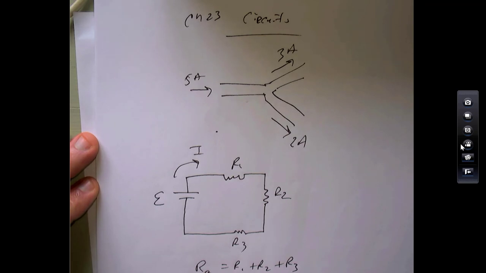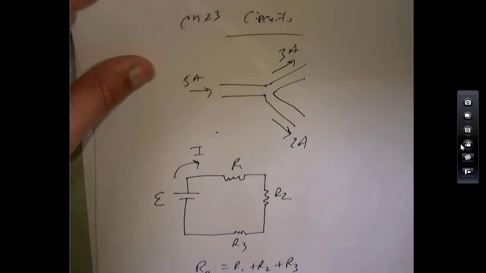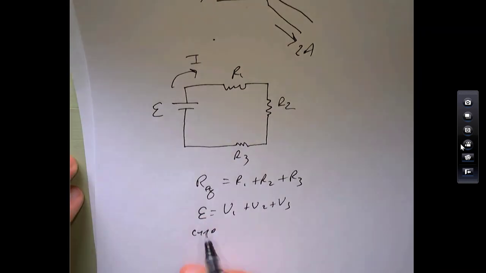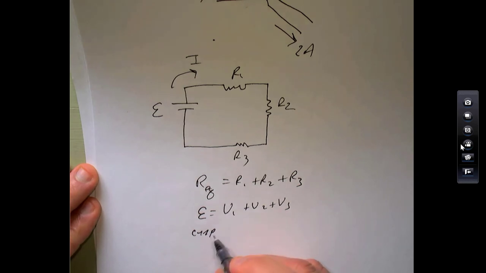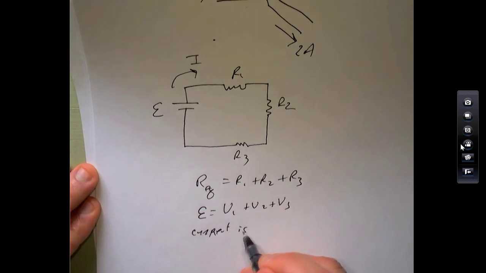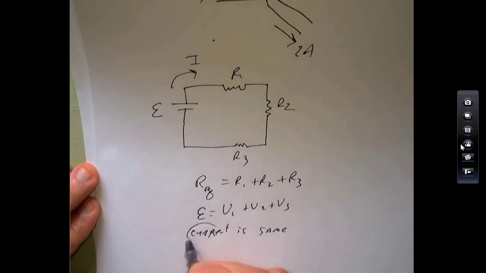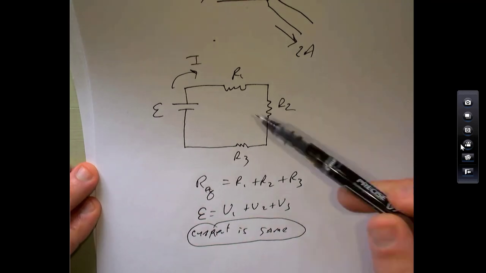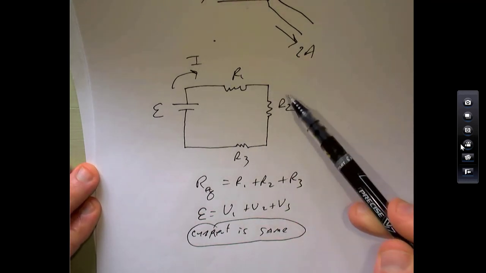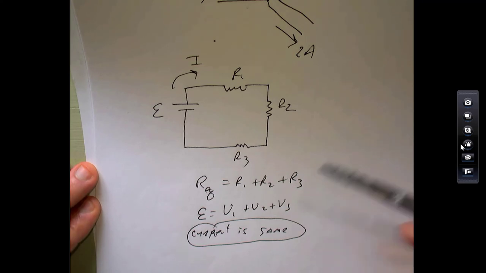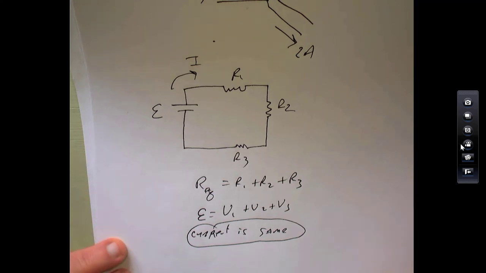The voltage of the battery is V1 plus V2 plus V3, but the current is the same. It doesn't have anywhere to go, so the same current goes through each of these. So voltages all add up, current is the same. In parallel, it's just the opposite.